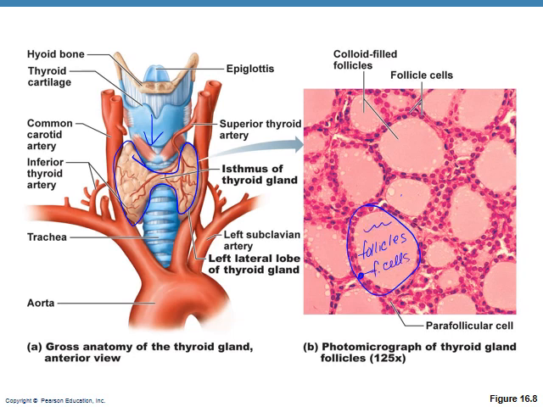This space is called the colloid, right? And then over here, you see how there's a pocket of cells? Those are called parafollicular cells. These are the ones that are going to make calcitonin. These are the ones that are going to make T3 and T4.